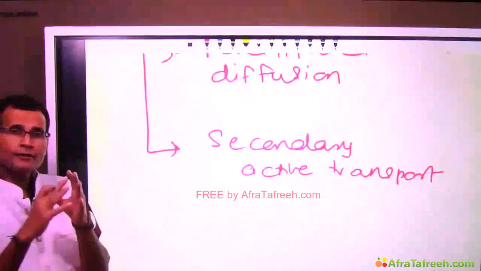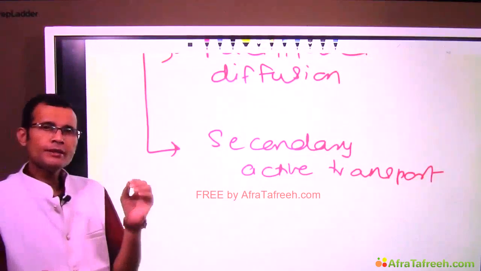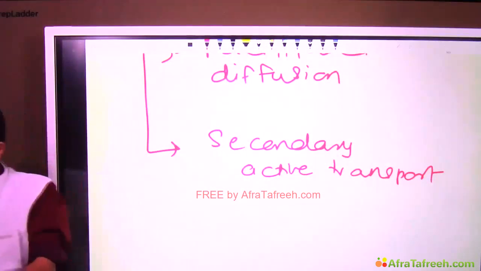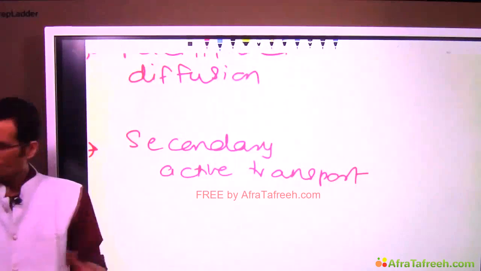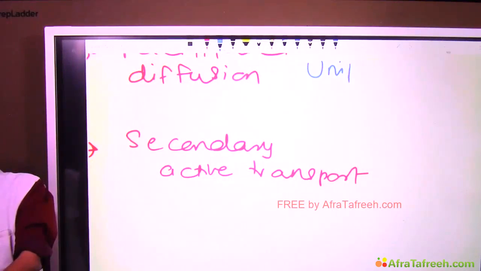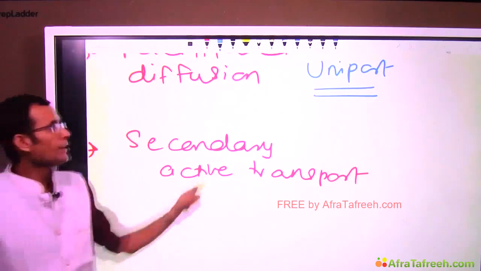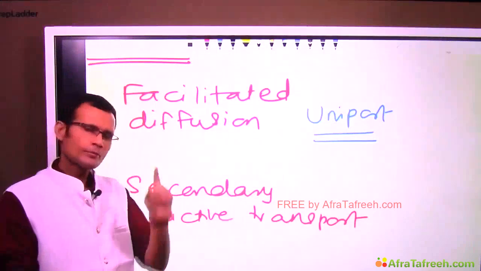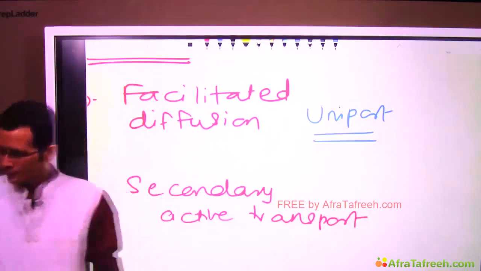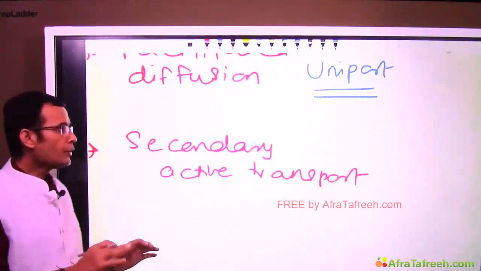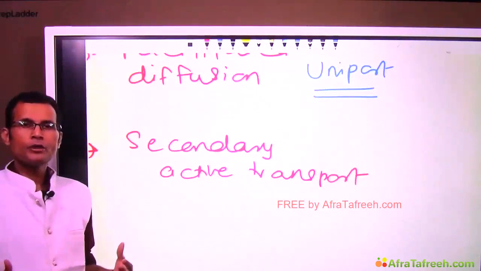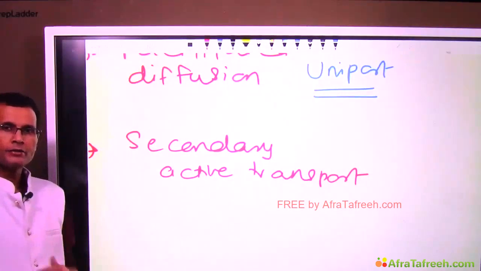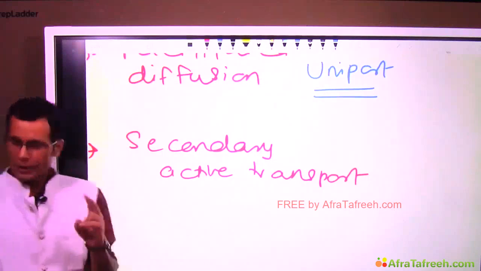In facilitated diffusion, only a single substance is transported by that carrier. And therefore, in that scenario, the carrier is called a uniporter and the transport of that substance is called uniport. Single substance transported, so uni. Whereas secondary active transport is the transport in which two substances are transported by the carrier simultaneously.